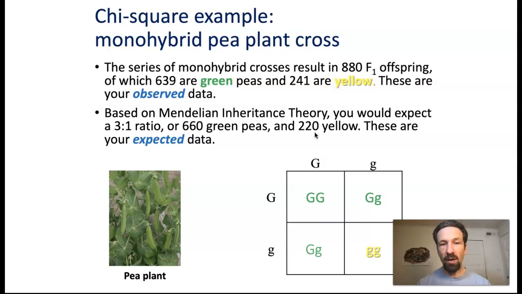And what we would like to know is whether this difference between observed and expected, in both cases, is large enough that we can rule out the null hypothesis that the difference between what we observed and what we expected is just due to chance. If it's not due to chance, then we can rule out this being a simple Mendelian trait.